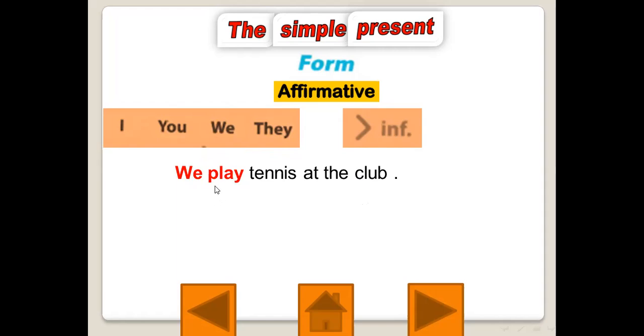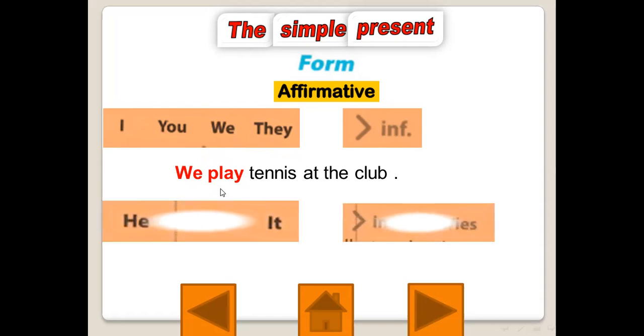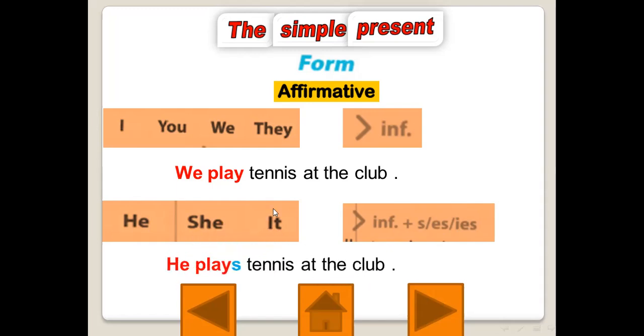We use the infinitive. But when the subject pronoun is the third person singular, I mean he, she or it, here we will add the infinitive plus s, es, or ies. Look at this example: he plays tennis at the club. The same sentence.